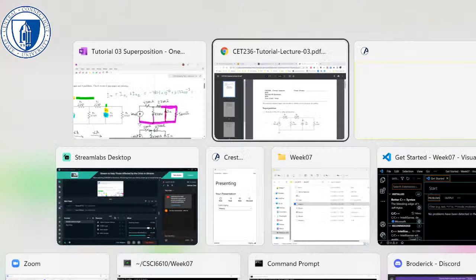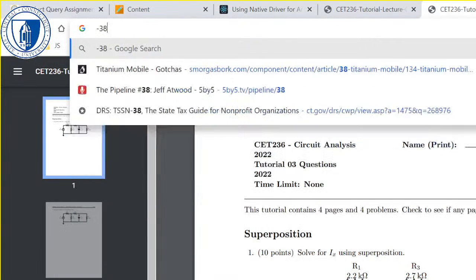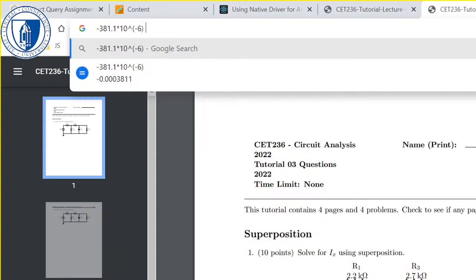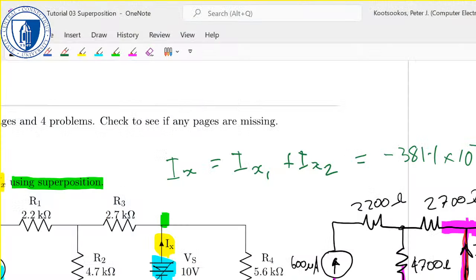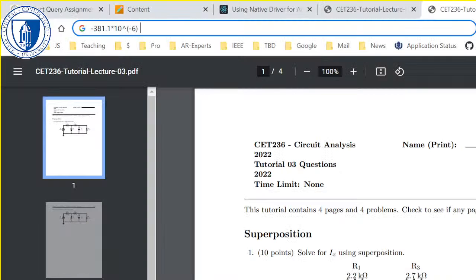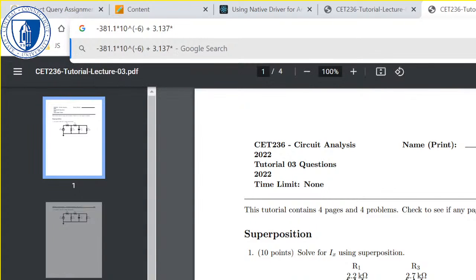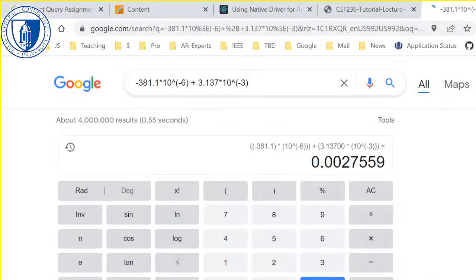So minus 381.1 by 10 to the minus 6 plus 3.137 by 10 to the minus 3. Right? I did get it right, it just didn't show it to me the way I expected.